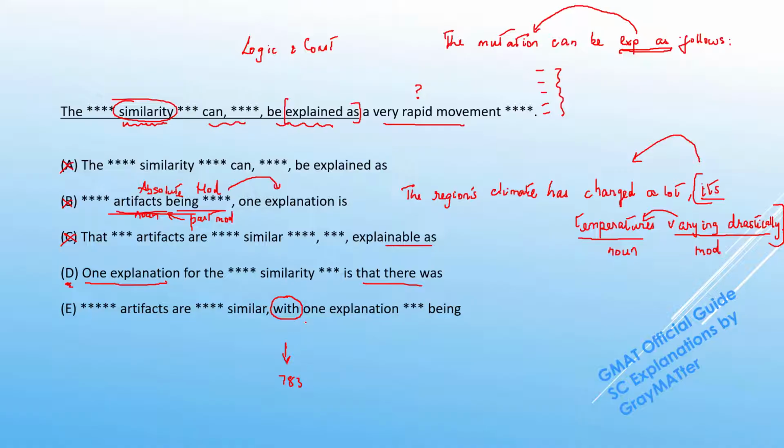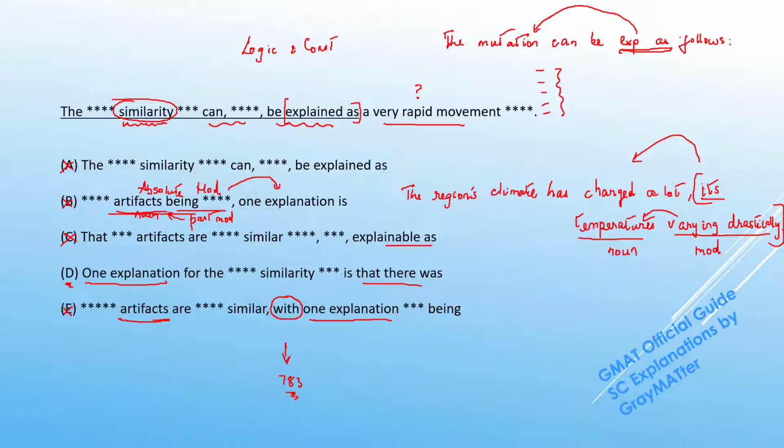And you can understand from that explanation that this usage is incorrect because this with is supposed to act as a descriptor to some entity in the clause before it, but we can see that the subject here is these artifacts, whereas in this with we are actually talking about another entity, one explanation. So since this is not acting as a descriptor to any noun in the previous clause, we know that E does not work.